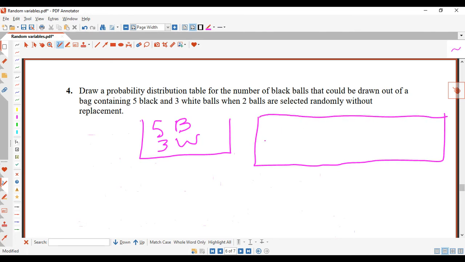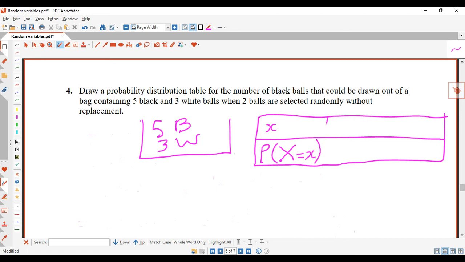Now, let's use a random variable of X. So I'm going to use little x here. Draw that line across. And then the probability of capital X, my random variable, equals x.